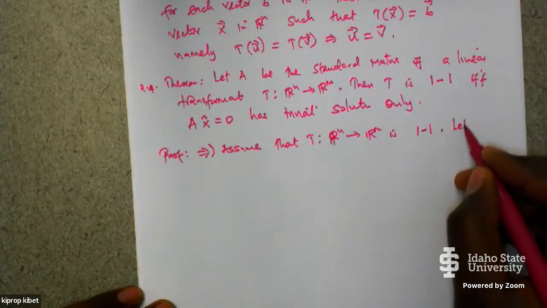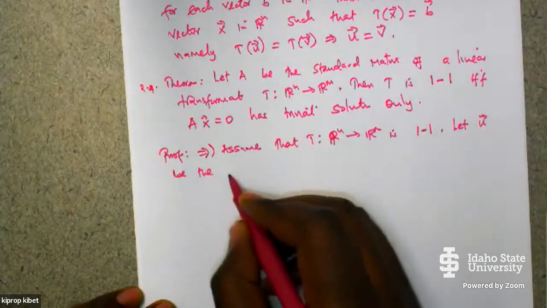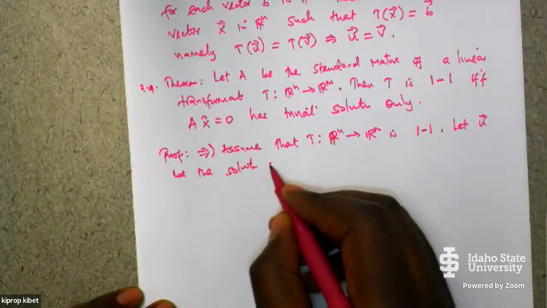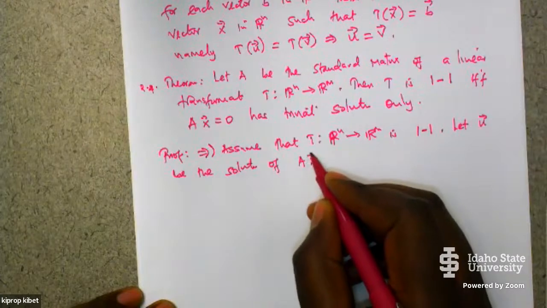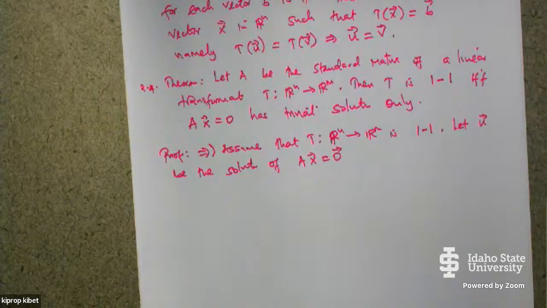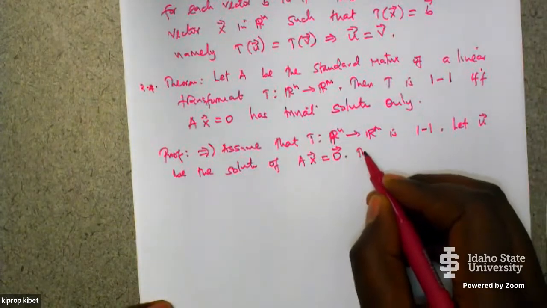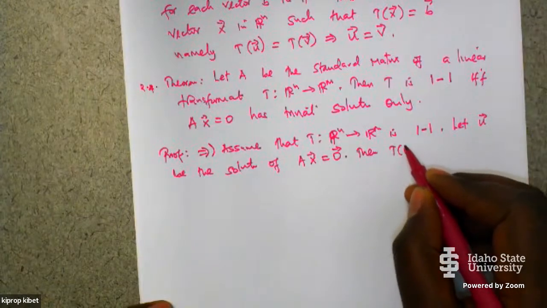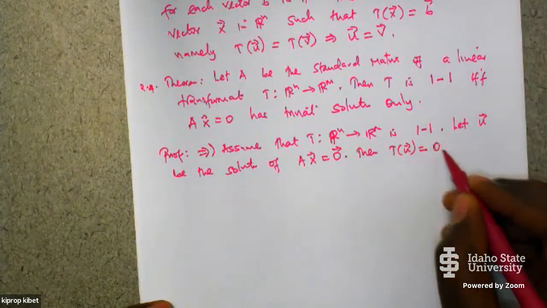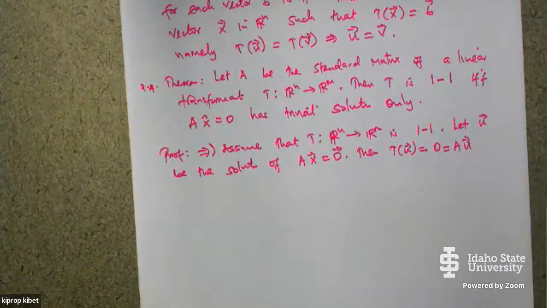Then let the vector u be a solution of Ax equals 0. Then T of u is equal to A of u, which equals 0.